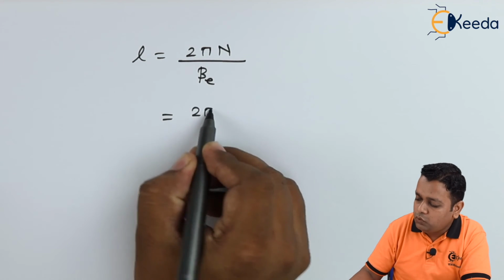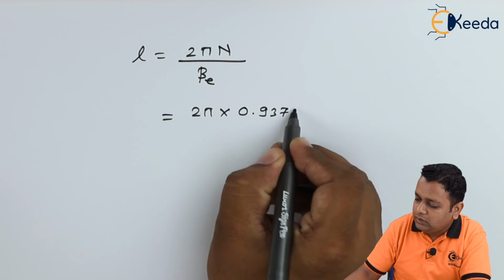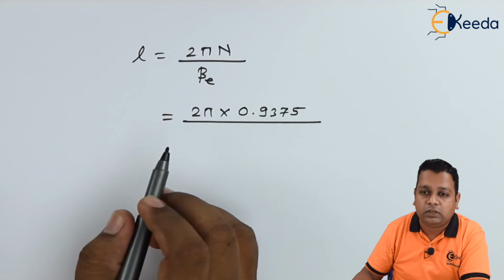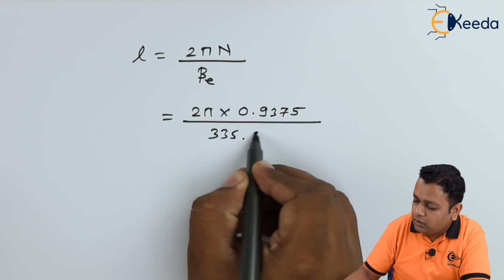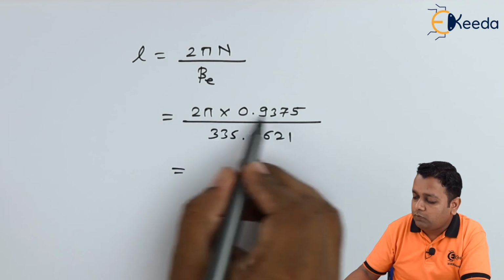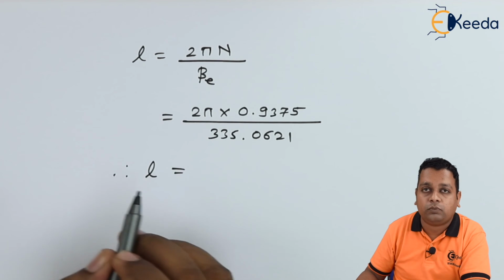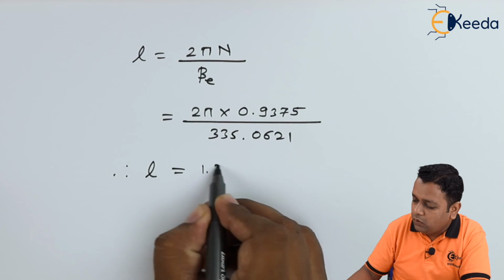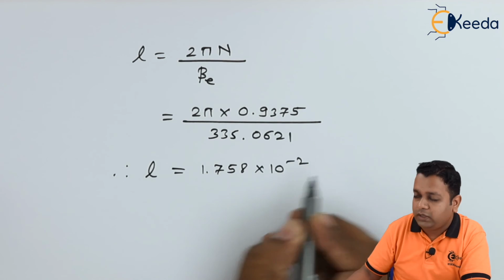So we have 2 pi into 0.9375 divided by the phase shift constant, here that value is 335.0621. So after substitution of all these values, the length for the condition of oscillation we obtain as 1.758 into 10 raised to power minus 2.